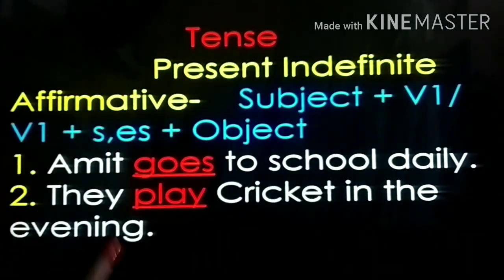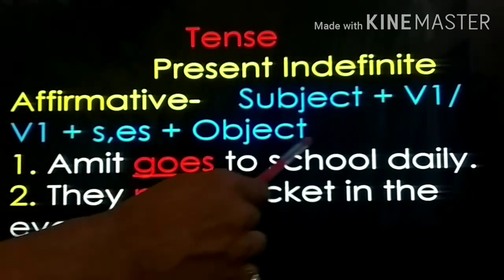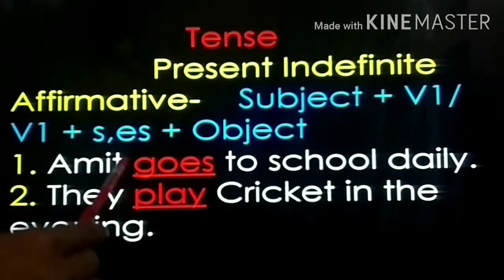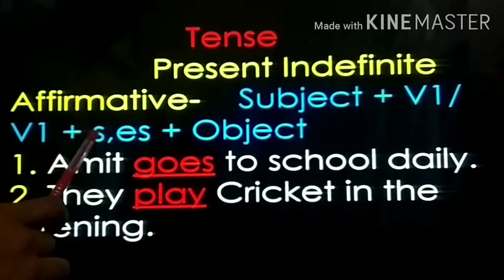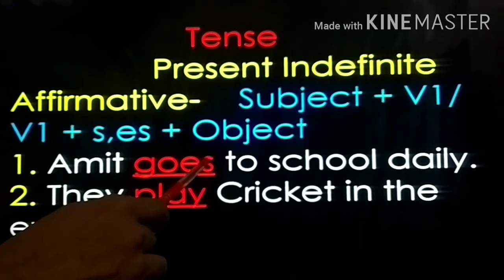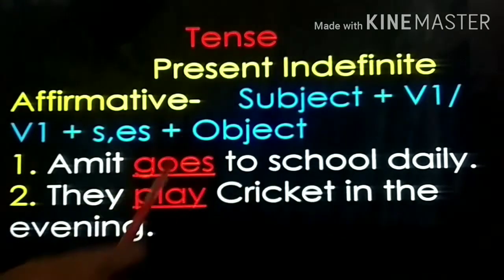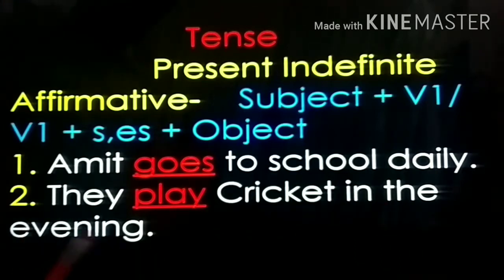Now the example: Amit goes to school daily. Now see, Amit, this is singular number. Amit means only one person. In that condition, we are using first form plus ES form of the verb. Now second, they play cricket in the evening.